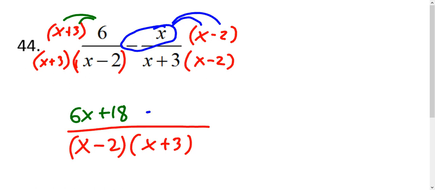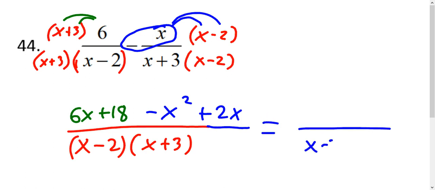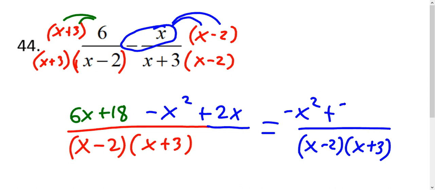So negative x squared plus 2x, negative times negative. Combining like terms, for the numerator, we have a negative x squared, 8x plus 18.